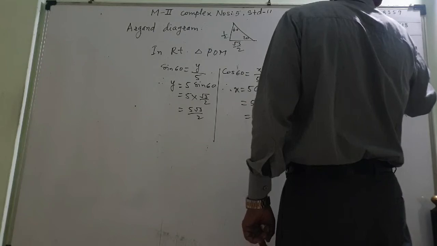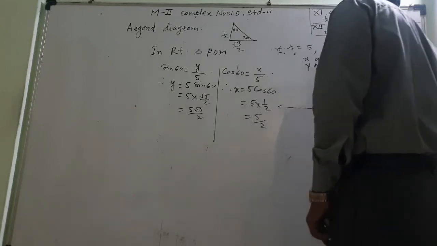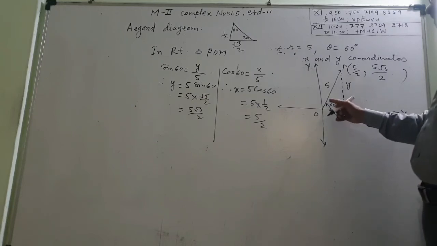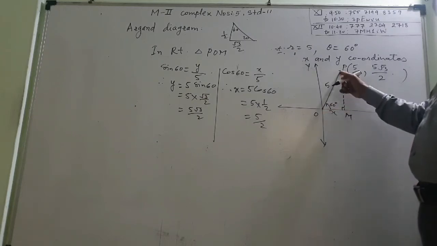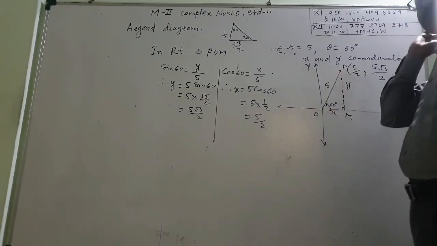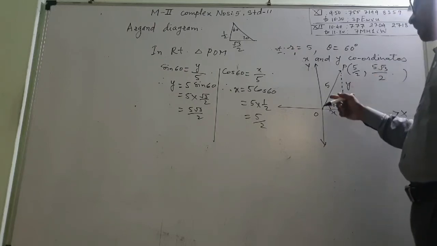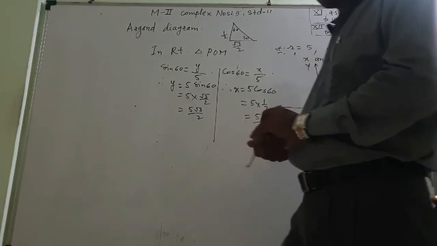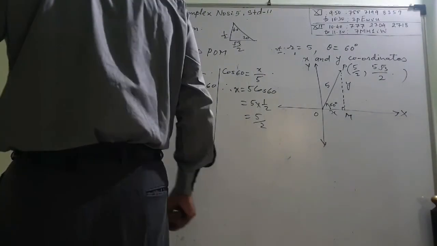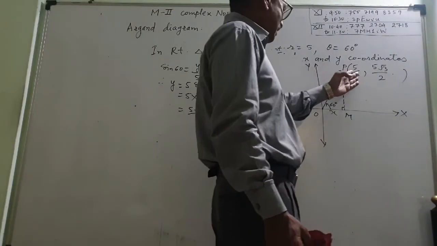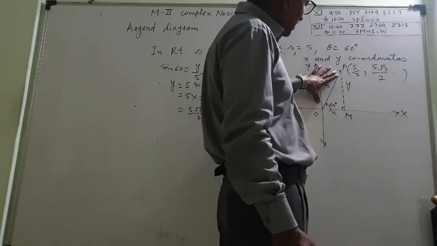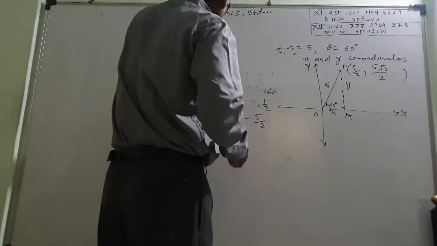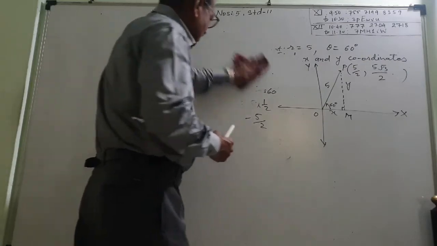So from the Argand diagram, the angle is given and the length of this segment is given, so from this I can find x and y coordinate. Vice versa, from x and y coordinate I can find this angle, I can find this hypotenuse. So hope that you have understood all this.